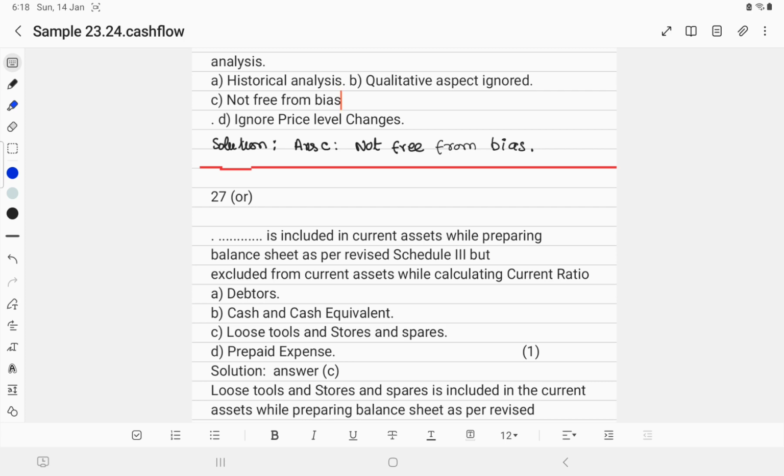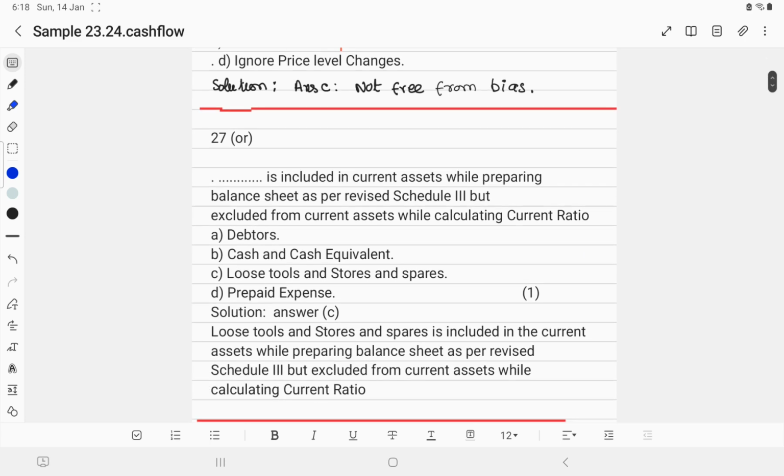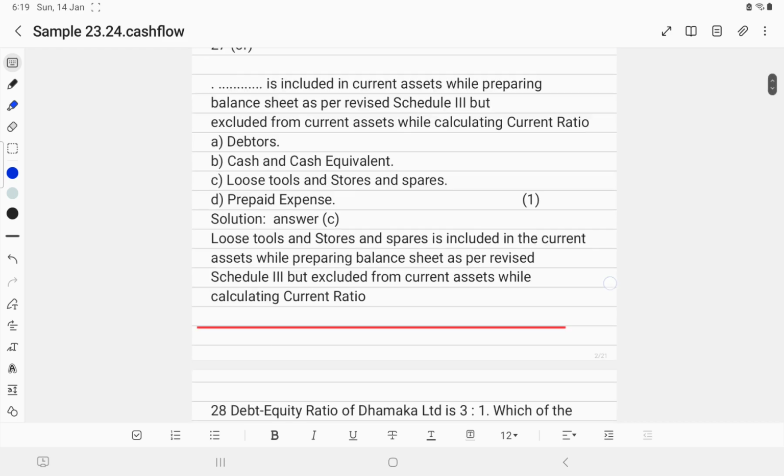D. Prepaid expenses. Solution. Answer C. Loose tools and stores and spares is included in the current assets while preparing balance sheet as per revised Schedule 3 but excluded from current assets while calculating current ratio.